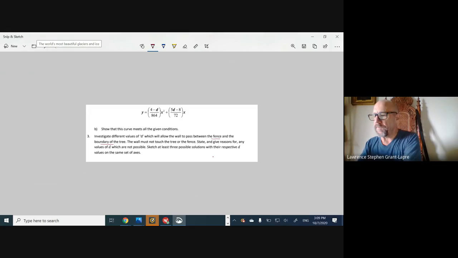Now, a quick mud map, a quick diagram. There's the west building, there's the east building. Investigate different values which allow the wall to pass between the fence and the boundary of the tree. There's the fence, it's 4 meters below.